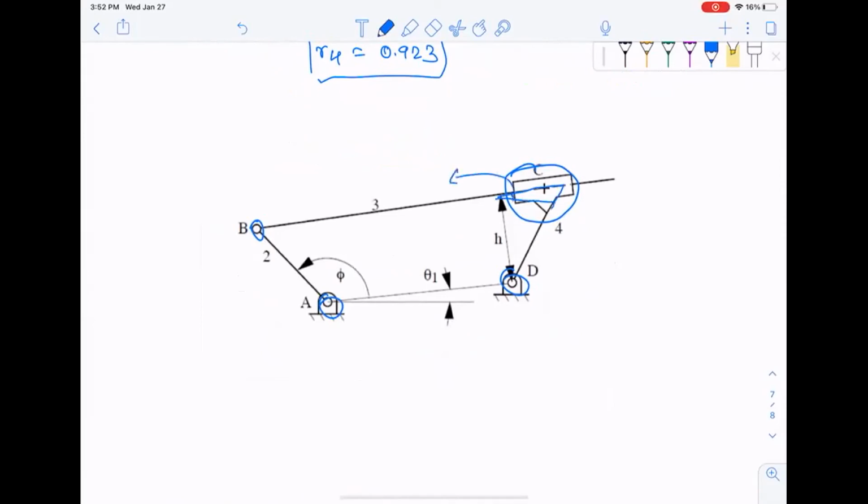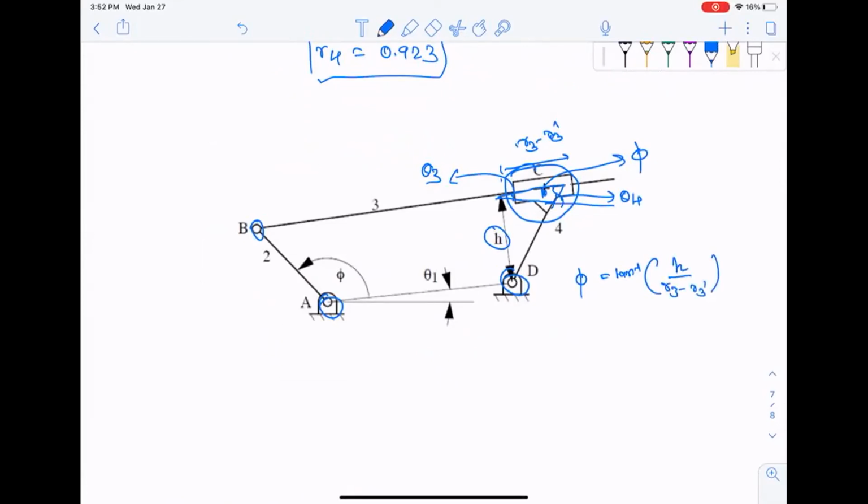This angle is theta 3, this angle over here is theta 4, and this angle, let me call it phi. I do know this side is r3 minus r3 dash, and this is h. So remember this angle is phi. Phi is equal to tan inverse of h upon r3 minus r3 dash.